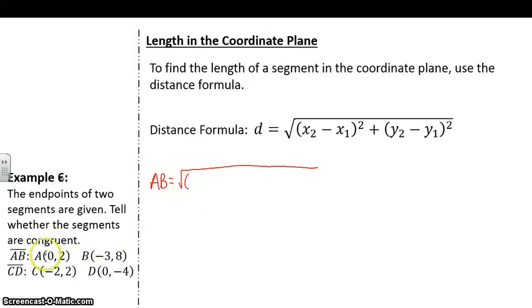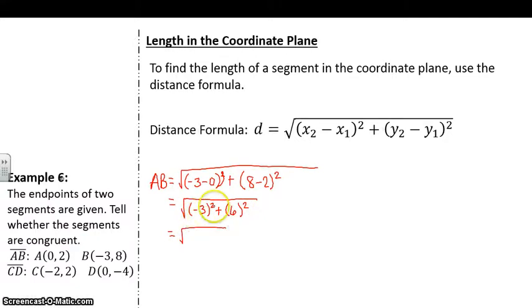My two x values here are 0 and -3. It doesn't matter the order that you subtract them in, so I'll just do (-3 - 0) squared, plus the y values in the parentheses, I'll do (8 - 2) squared. Now I've got my big square root still, don't lose that. -3 minus 0 is -3, so I have (-3) squared plus (8 - 2), which is 6 squared.